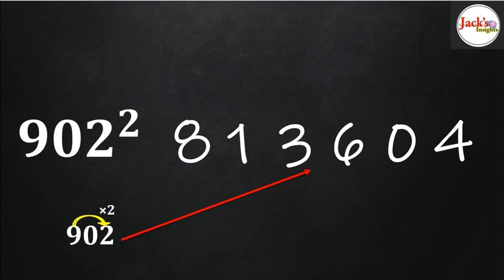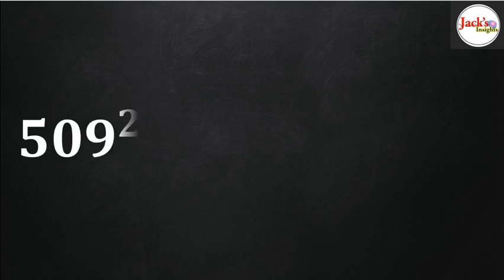So did you get it, mga ka-insights? Okay, so dali ra kay tanan pag pangita sa squares of three-digit numbers, especially if the middle digit is 0. So another example, we have 509. Okay, so same process. We're going to square the first digit, the hundreds digit.